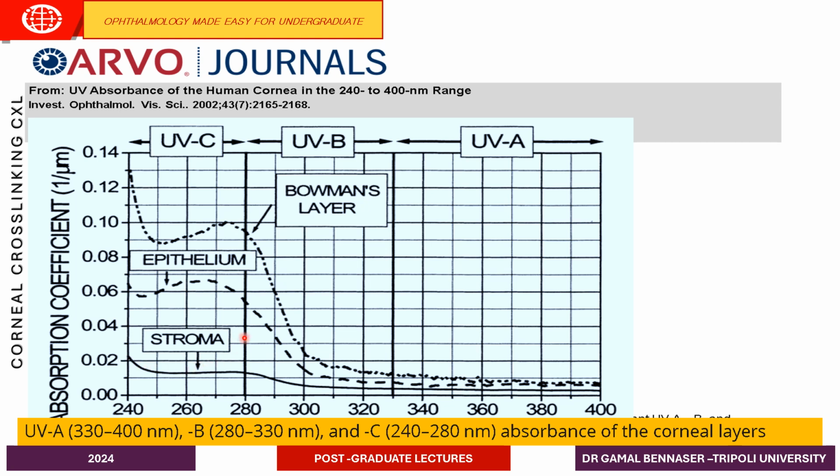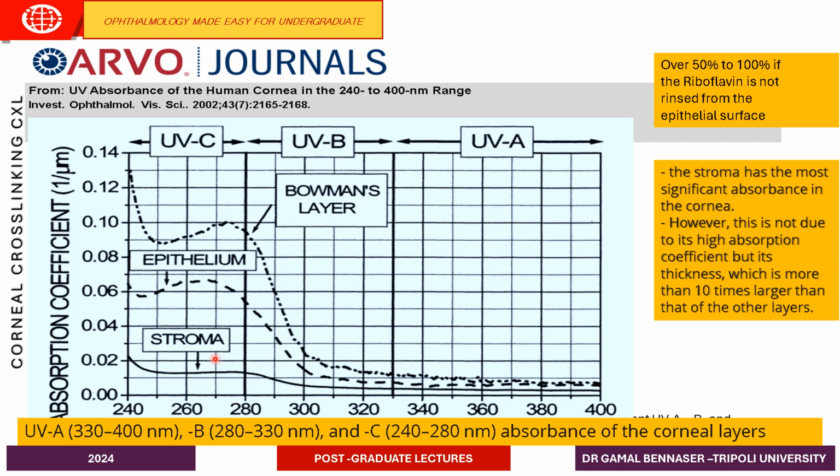Nearly 75% of the ultraviolet irradiance to the cornea is absorbed by the stroma and not by the epithelium and the Bowman layer. This is not based on the molecular composition of these two layers, or related to the absorption coefficient, but because of the thickness of the stroma. The stroma is nearly 10 times thicker than the epithelium and the Bowman layer, and that's why it has much more absorption.